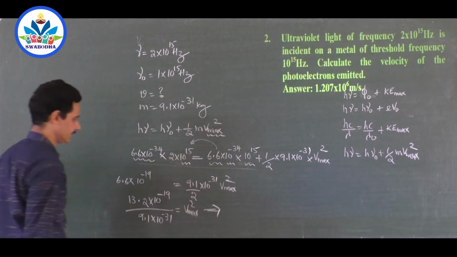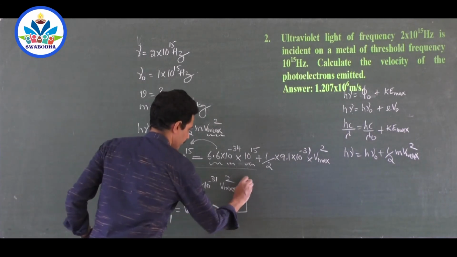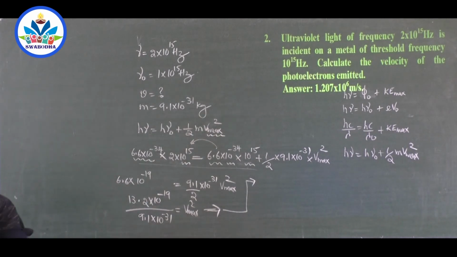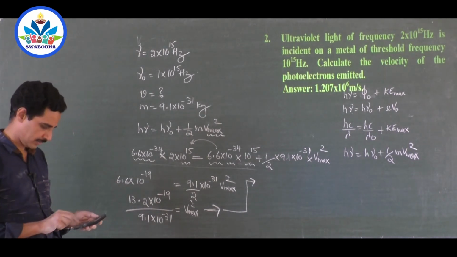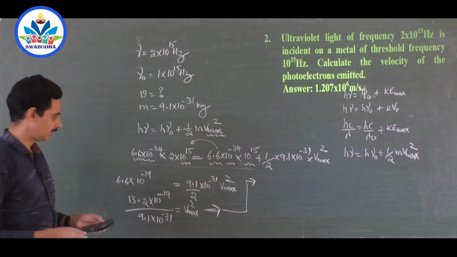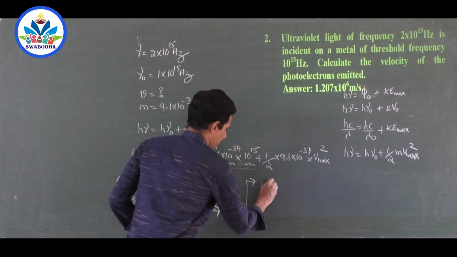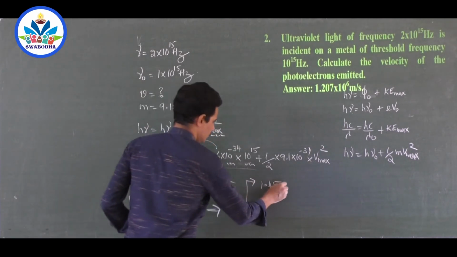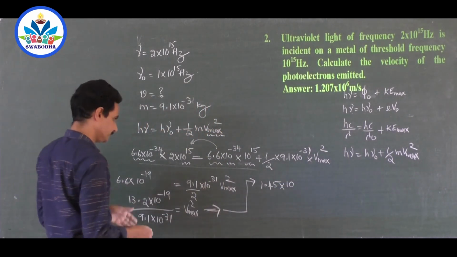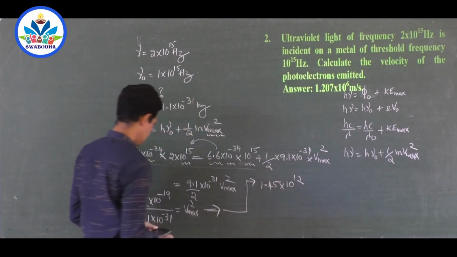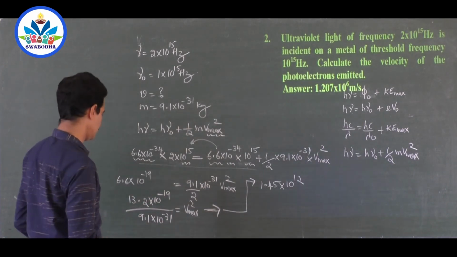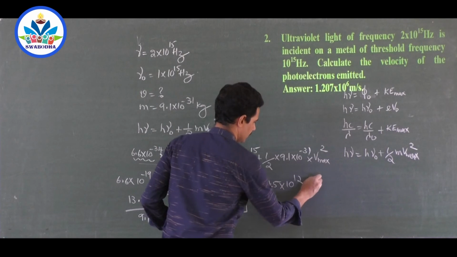That implies, what is 13.2 divided by 9.1? 13.2 divided by 9.1 is equal to 1.45, into 10 to the power minus 19 plus 31, that is plus 12, is V maximum square.